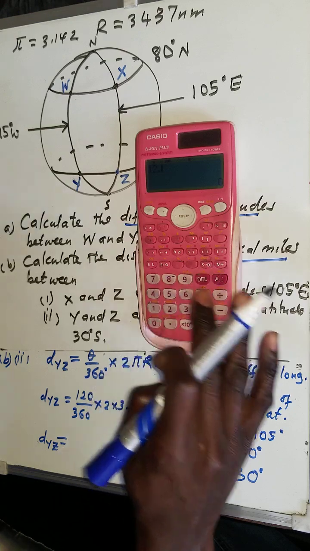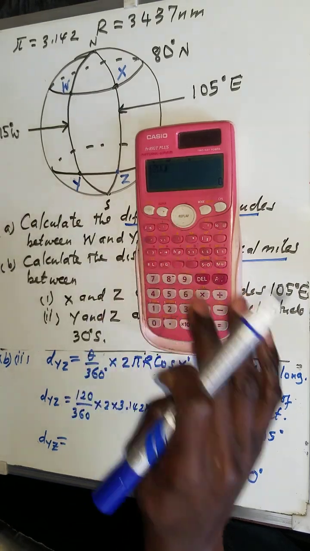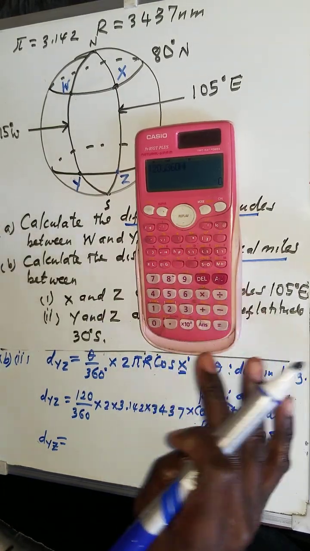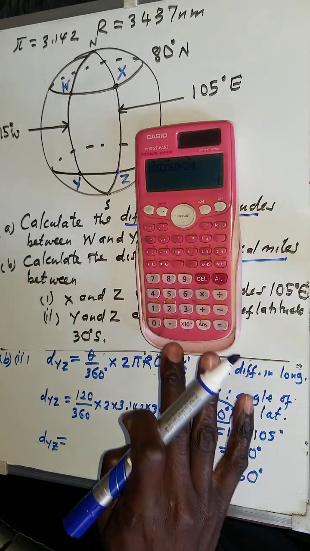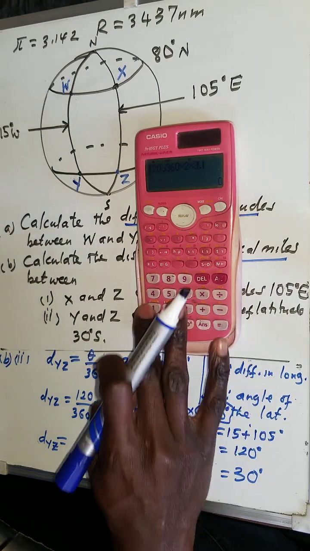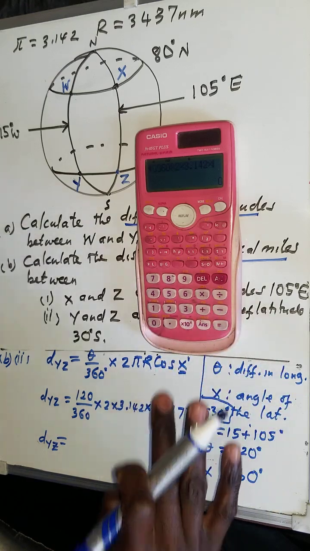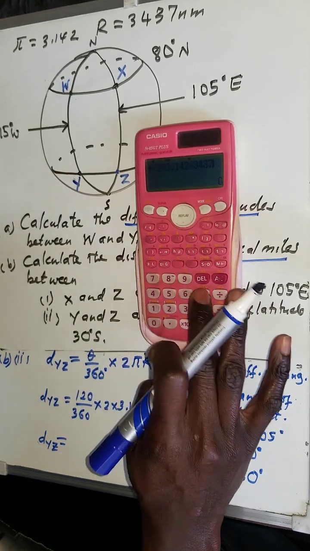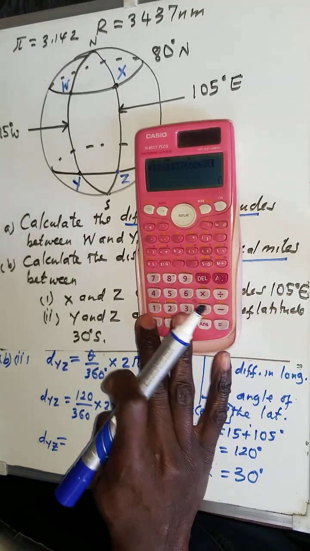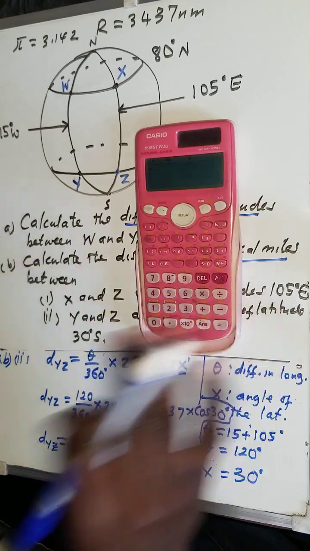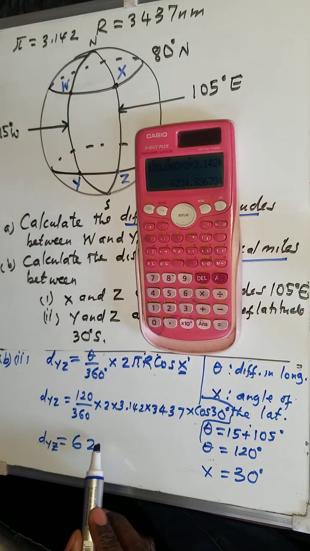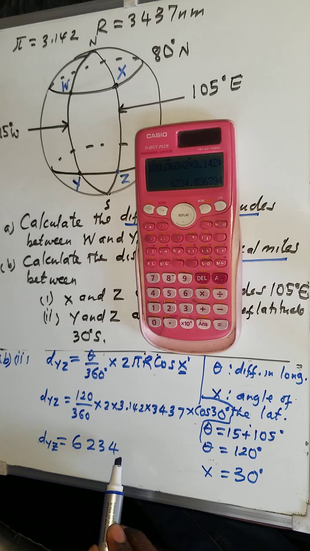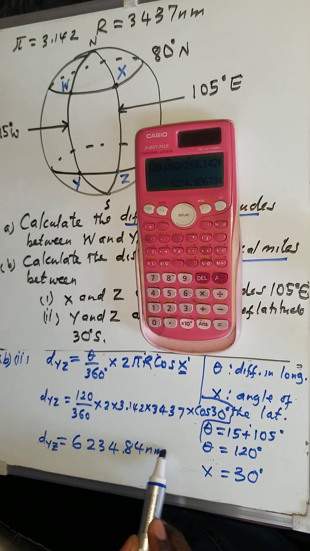So it is 120 over 360 multiplied by 2 times 3.142 multiplied by 3437 multiplied by cos of 30 degrees there. So that would be equal to 6,234.84. I've actually left it to 2 decimal places.